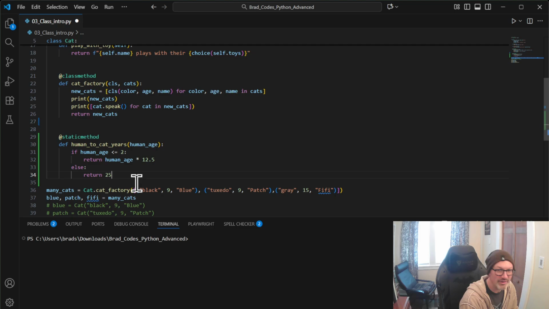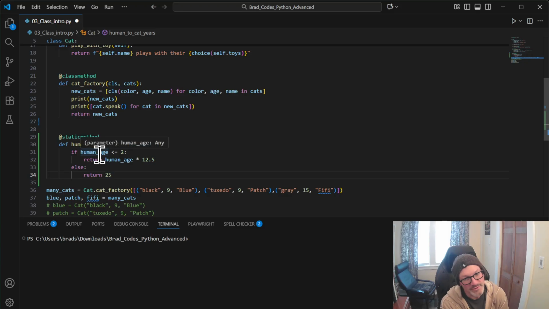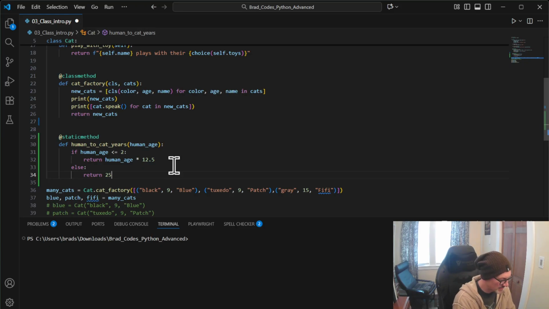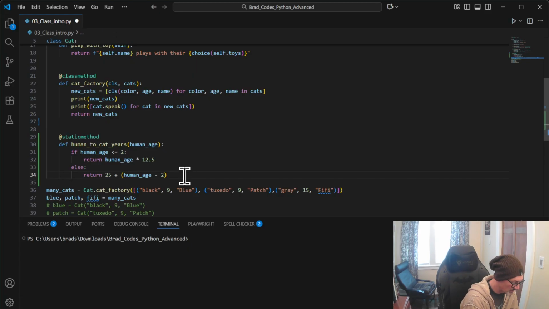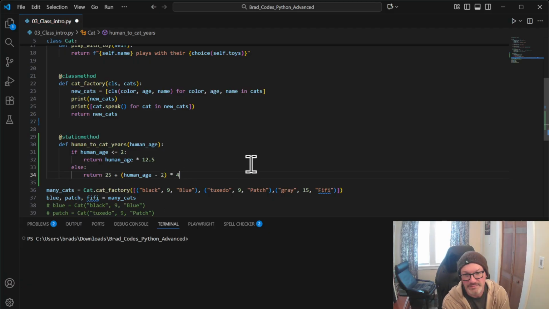Hey, basically, we already know they have to have 25 years, right? Because again, 2 years of human age, by this above formula, 25 years of cat age. So then what we're going to do is add the human age. We are going to take away 2 from that, and then we'll multiply it by 4.